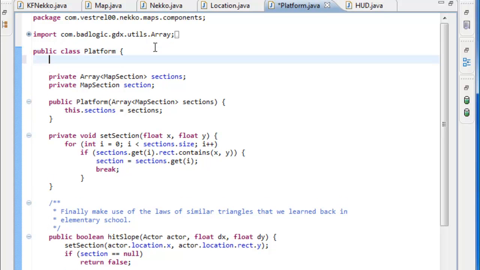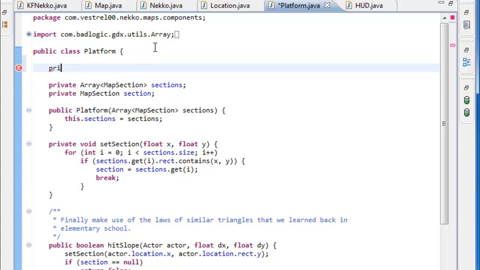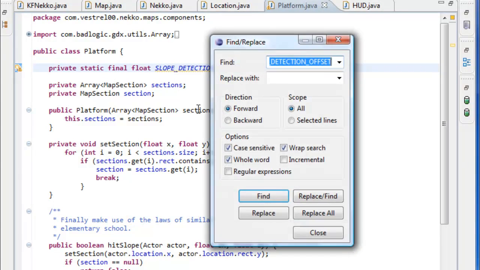We're going to call it private static final slope detection offset, and set it to 50.0f. Now it doesn't need to be 50, it could be 20, 30, or 40, but I just find that 50 works best. It's a float.